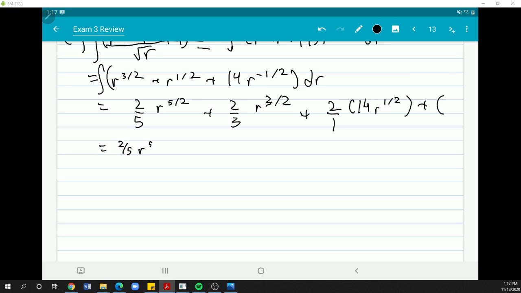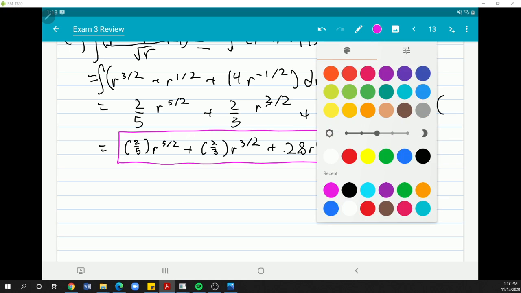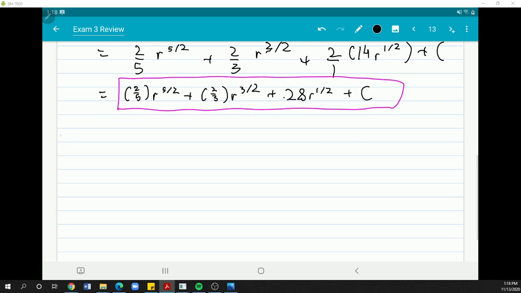Let me write that so it's not confusing. 2/5 r to the 5/2 plus 2/3 r to the 3/2 plus 28 r to the 1/2 plus my constant of integration c. Oops, d, not b.